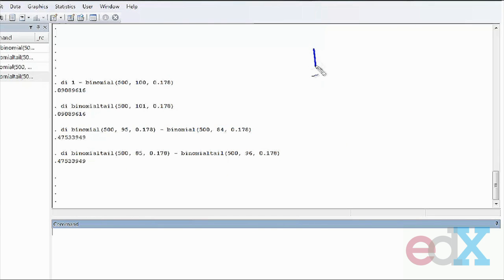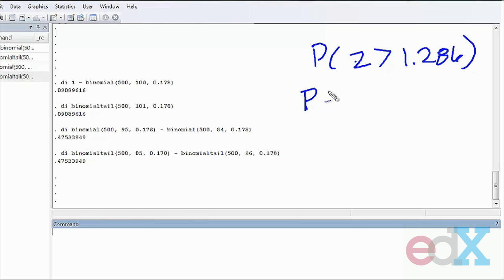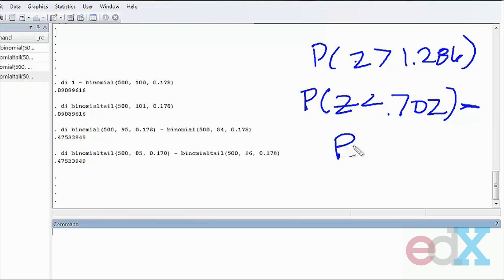So as a recap, we want to know the probability that z is greater than 1.286. We want to know the probability that z is less than 0.702, and we're going to subtract from that the probability that z is less than negative 0.468.